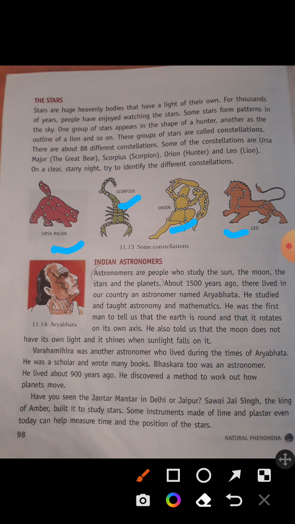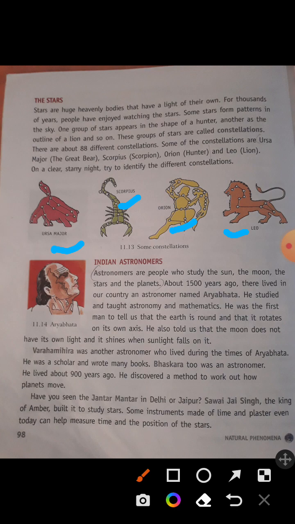About 1500 years ago, there lived in our country an astronomer named Aryabhat. He studied and taught astronomy and mathematics.